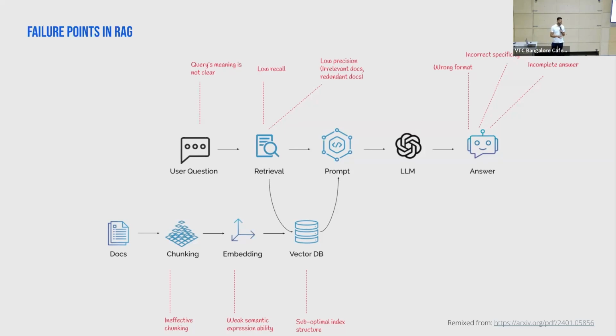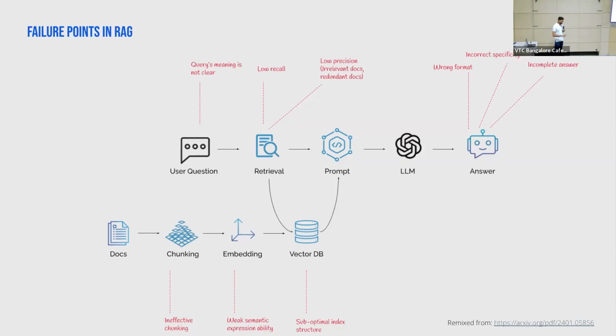Consequently, you're not able to fetch the right chunks of data when you do retrieval, right? Similarly, your embedding model that you're using may not be sufficient to represent the semantic relationships in the data, right? Your index may be suboptimal. Your retrieval may suffer from low recall, low precision, and so on and so forth, right?